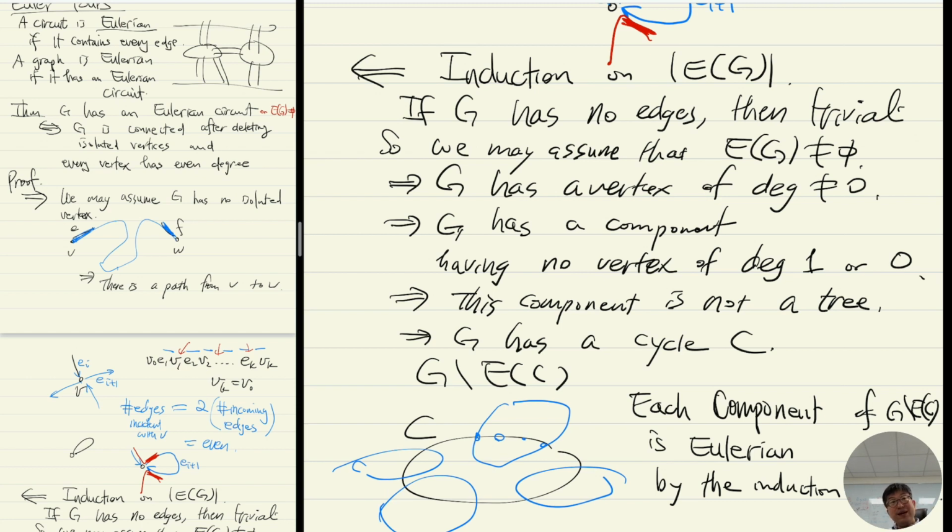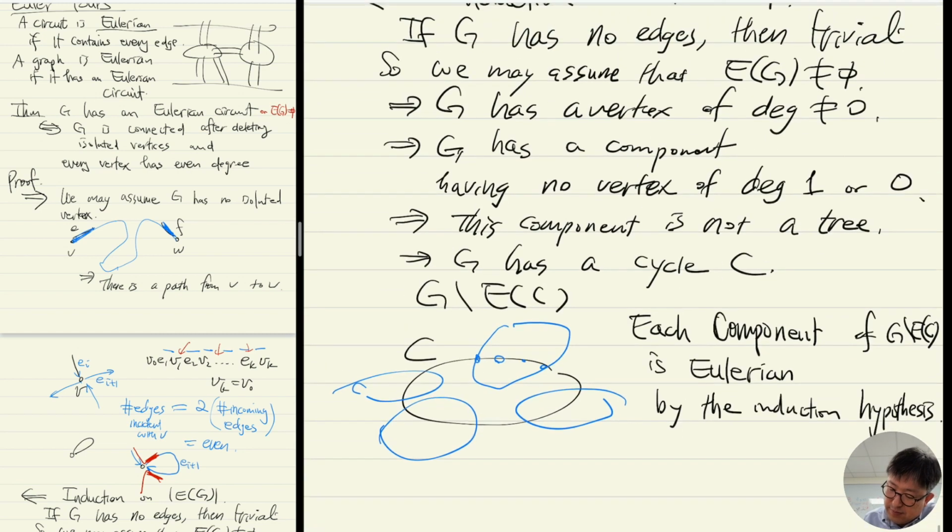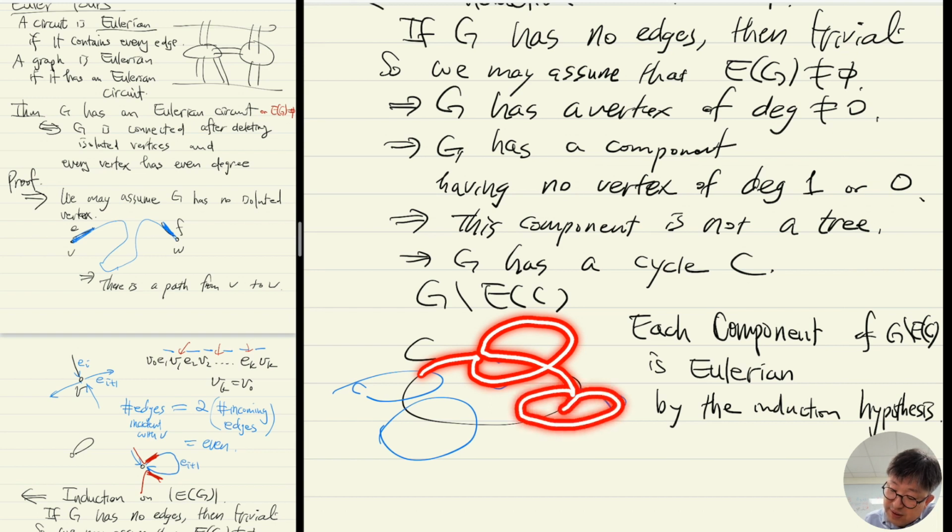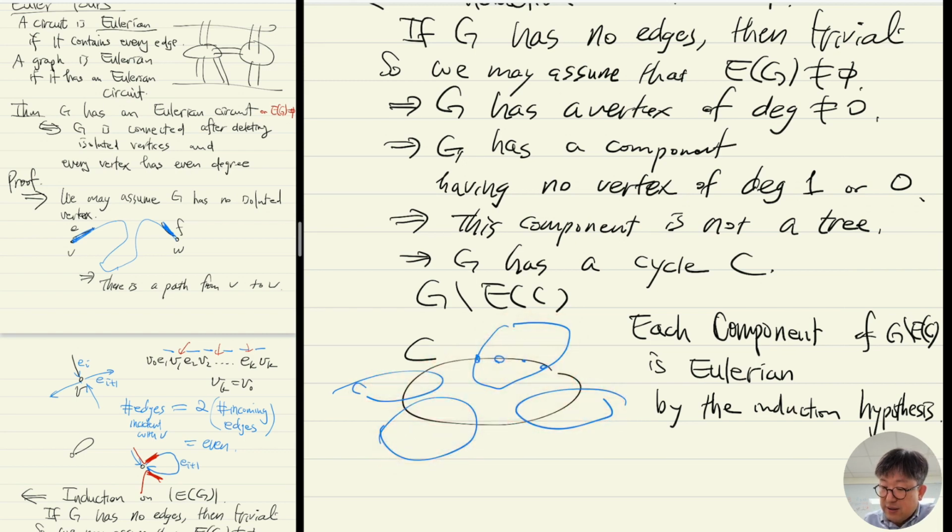Now, what's left is just to combine these Eulerian circuits. What we do is follow this cycle C, and as soon as we reach a new component, we follow the Eulerian circuit of that component, and then continue. And as soon as we reach a new component, we follow its Eulerian circuit, and continue. So let me just write it this way.